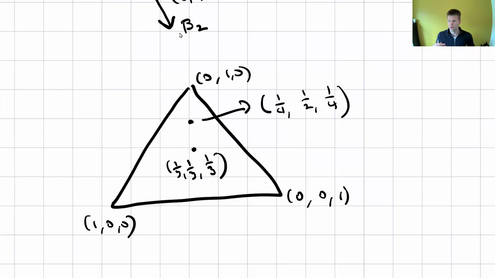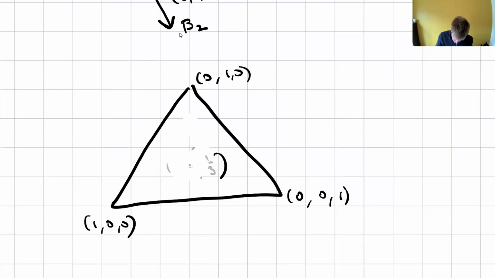A prior distribution, this Dirichlet prior distribution, is going to endow this simplex with a full distribution. So I am no longer going to have individual points here as my belief about where my language model is.